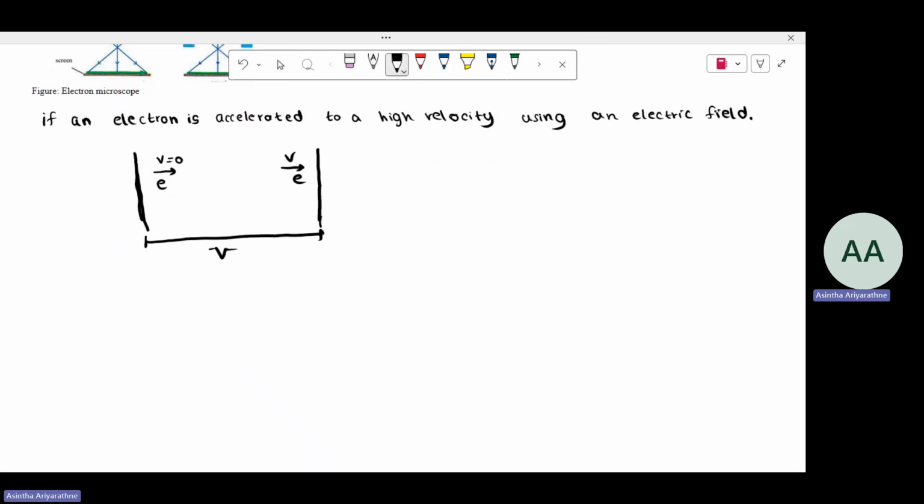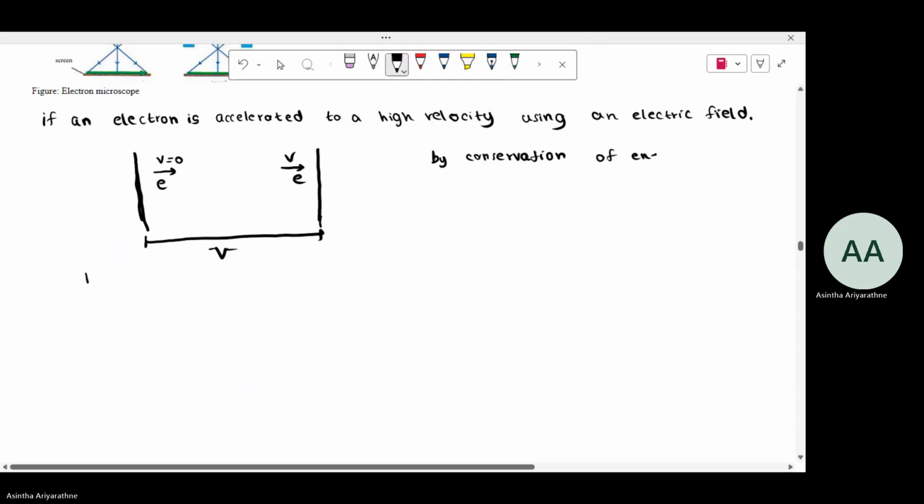So by conservation of energy, I can write eV, capital V, is equal to half mv squared.